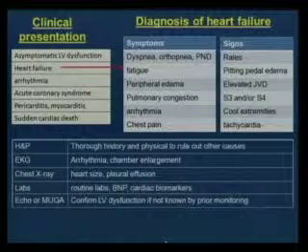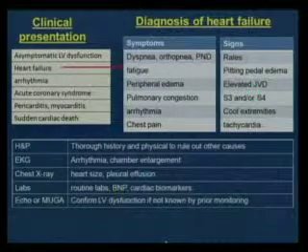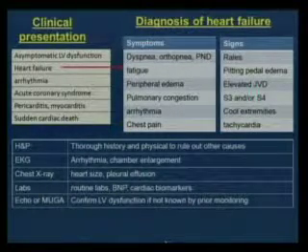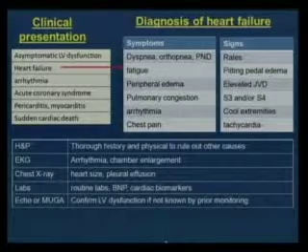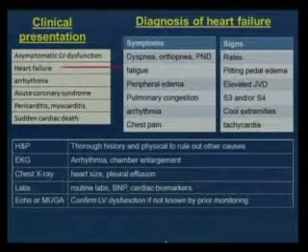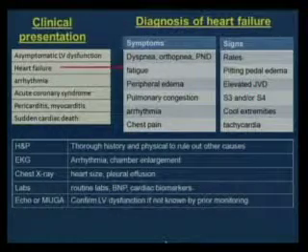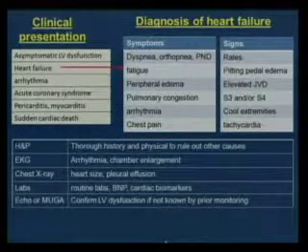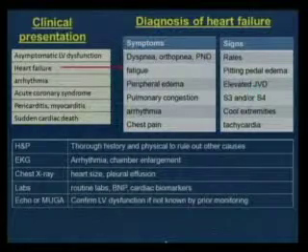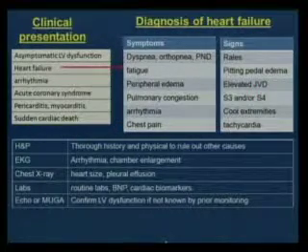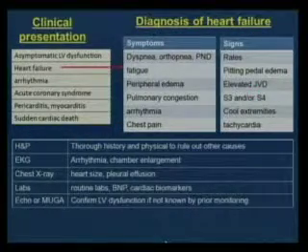They may have peripheral edema, pulmonary congestion, orthopnea, and PND. At times they present with arrhythmias. The initial presentation may be arrhythmia. You do a physical exam and you find heart failure. On physical exam, you're going to have rales, pedal edema, S3, S4, cool extremities, and tachycardia if it is really bad.